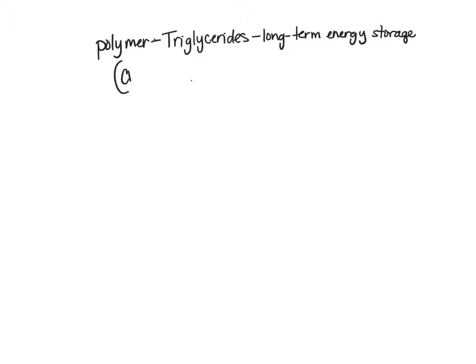Kilocalories are the technical term, but it's 4 calories per gram for carbohydrates, whereas lipids are 9 kilocalories per gram. And when we're talking about lipids in this case, we're talking specifically about triglycerides.